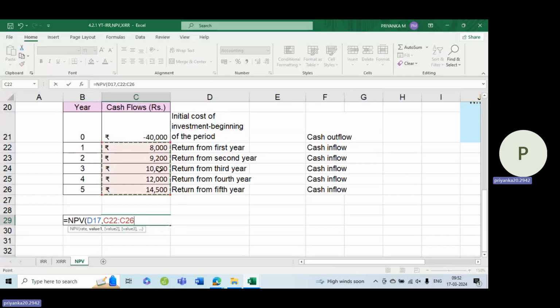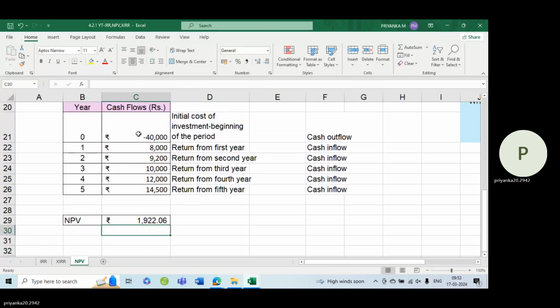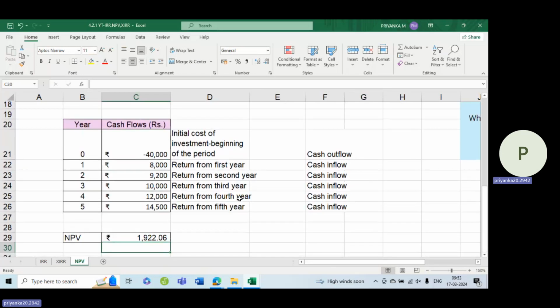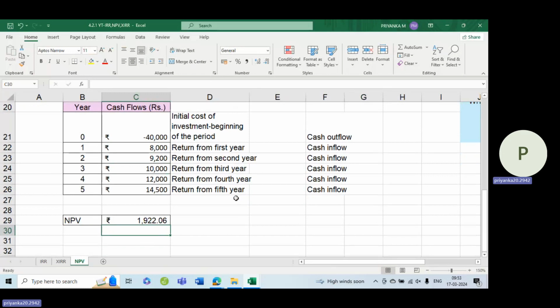Now close my bracket, and then we add the outflow, the first value. Just give enter. So this is going to be the net present value when you are making the investment at the beginning of the period. So with this, IRR, XIRR, and net present value is over.